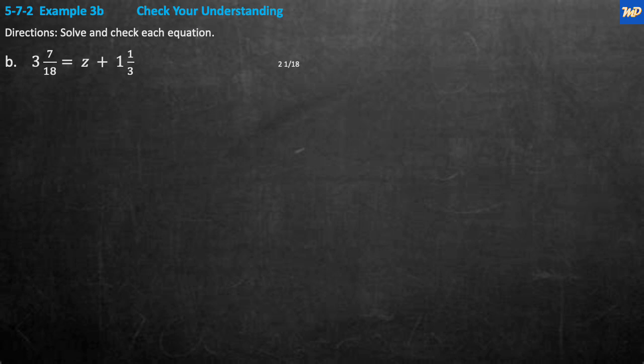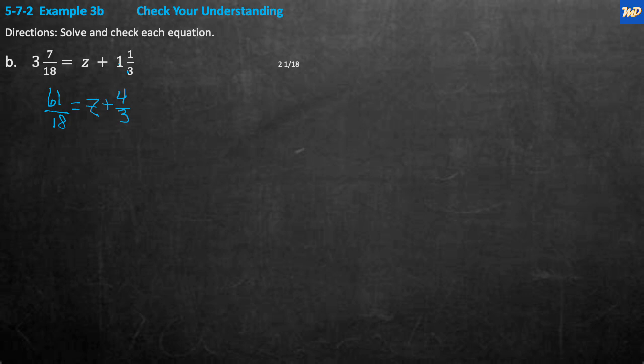It's 8 times 30, and 8 times 3 is 24, so it's 54 plus 7, 61. 61 18ths equals Z plus 3 times 1 is 3 plus 1 is 4 thirds.